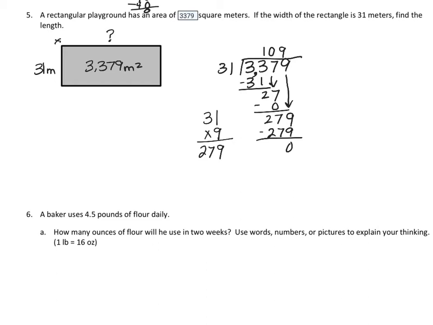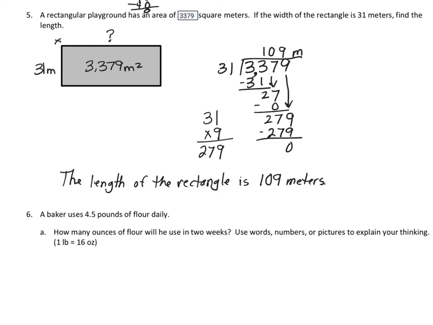So it is 109 meters. Now, this is a word problem, so we need to go ahead and answer our word problem with a statement. And we'll just say the length of the rectangle is 109 meters. And we are done with that problem.